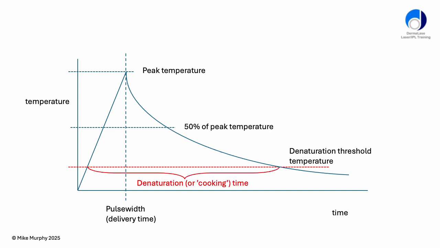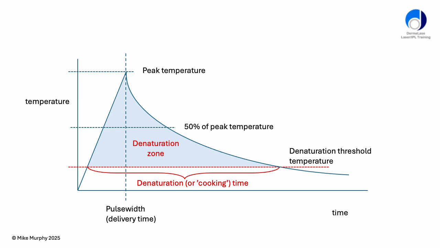But as long as the temperature is above that threshold, then the cells will start to break down through the denaturation process. And that process is basically just the proteins unraveling. So what we find then is that there's a zone, what I call the denaturation zone, where the temperature is sufficiently high to cause the cells to break down.